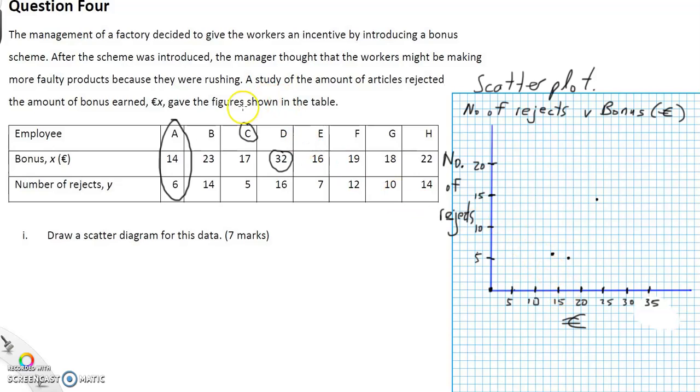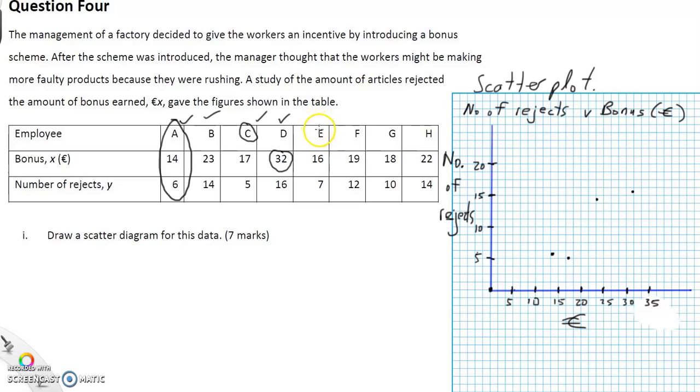Next, so that's A done, B and C. Now we're going to look at D. It's got 32 euros as a bonus, up around here, and there's 16 rejects. We're fairly high on the rejects. That's D done.